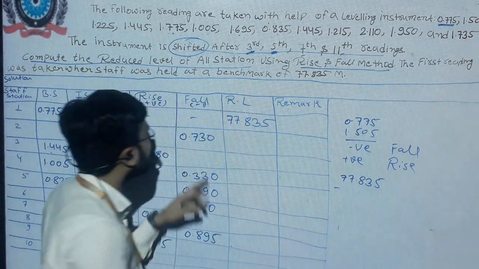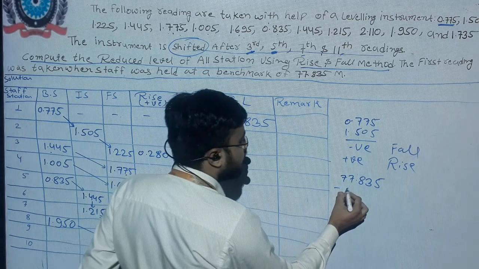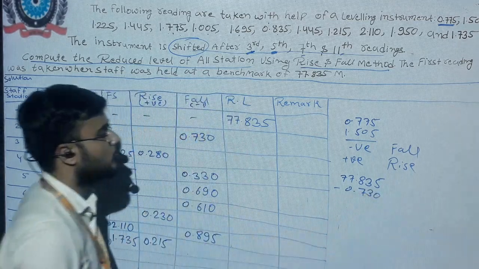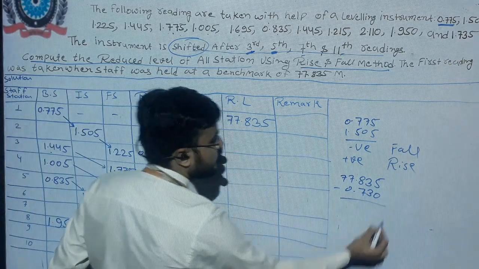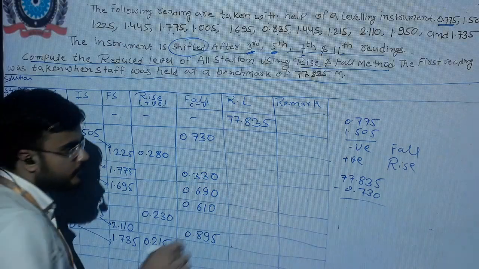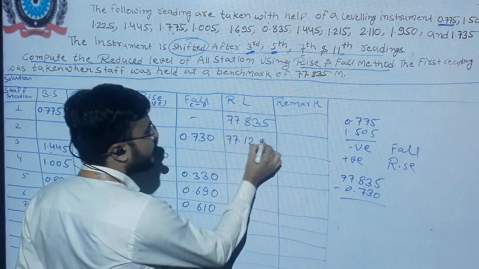So 77.835 minus, because here it is a fall, so we will subtract 0.730. Okay, so this is the new RL. If I subtract, the new RL is 77.125.